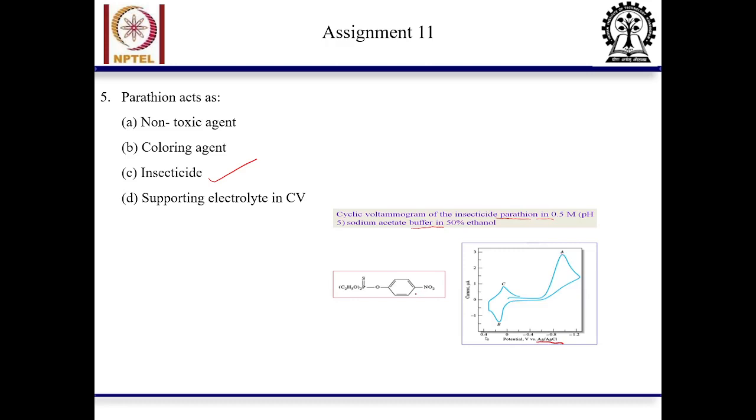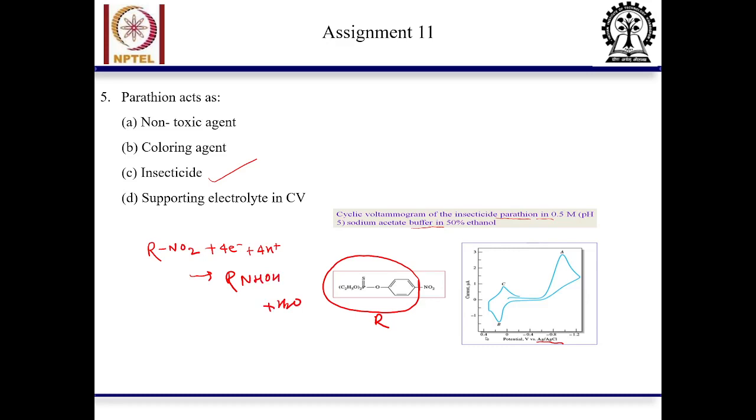Suppose you have RNO2, where I am considering R as this group. RNO2 is a 4 electron process: it takes 4 H plus and forms RNHOH plus water. This is A.